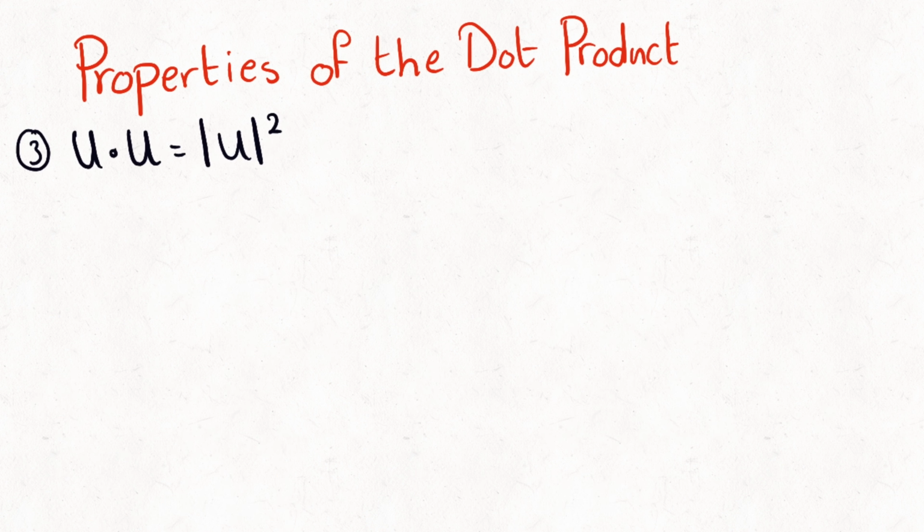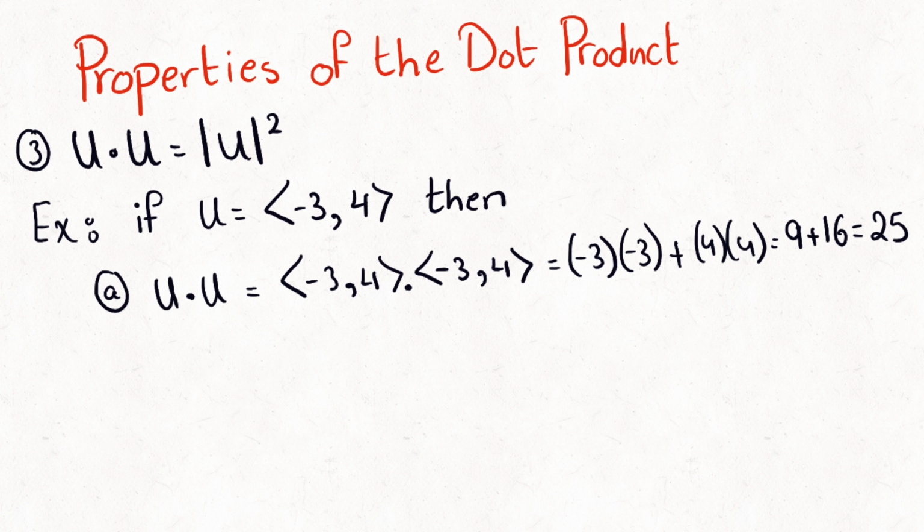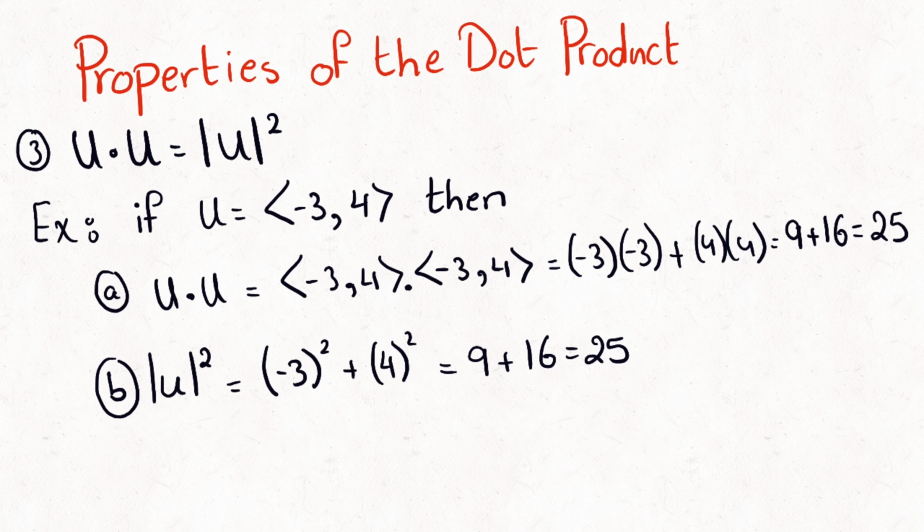Now, for vector u, if you multiply u dot u, then the answer will always be the magnitude square of u.